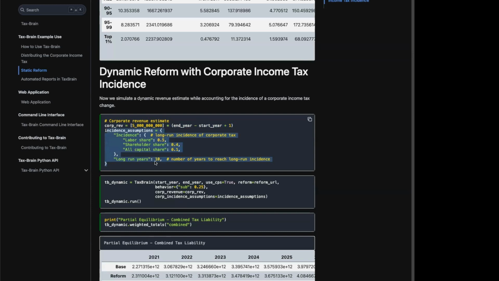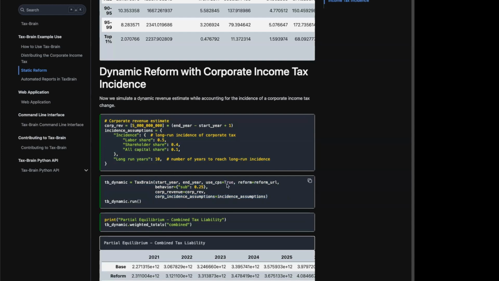Okay, we specified those revenues and assumptions, and now we're just going to pass them in when we create this instance of the TaxBrain class. We're just going to pass as arguments here that corporate income tax revenue and those corporate incidence assumptions. Okay, nothing else has changed.